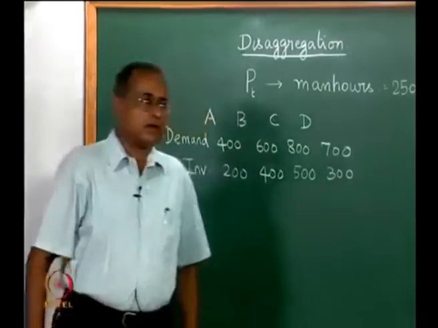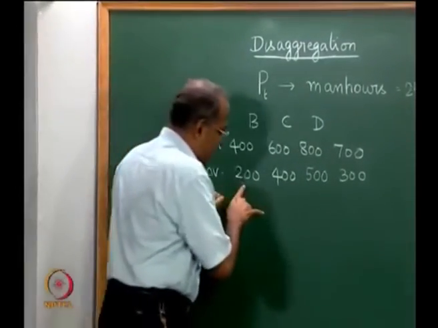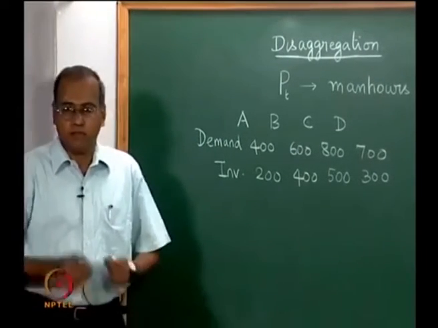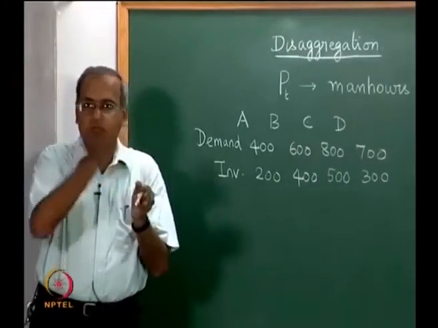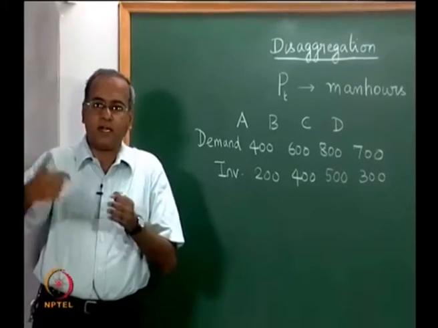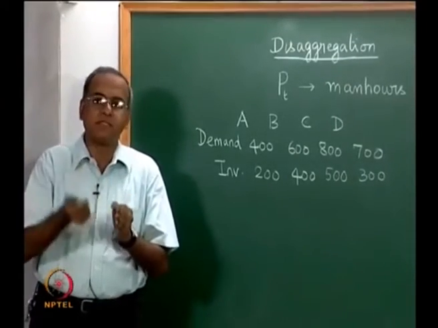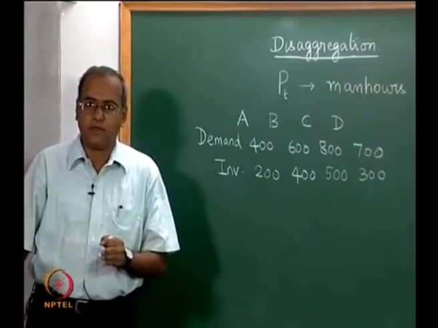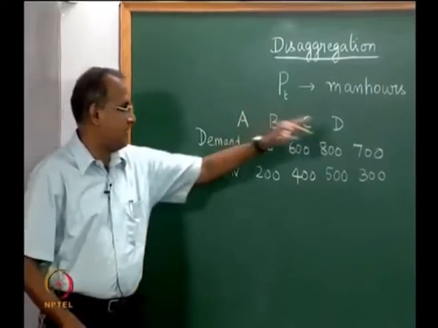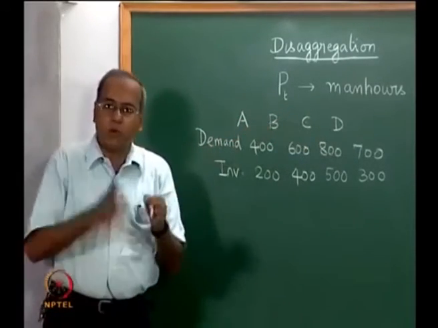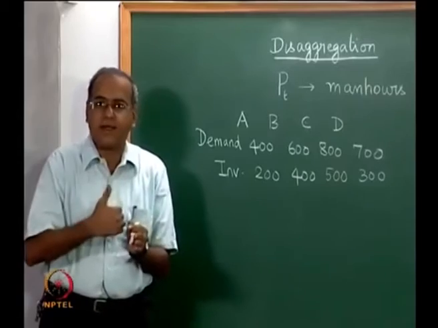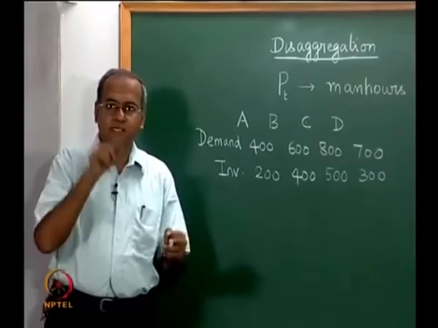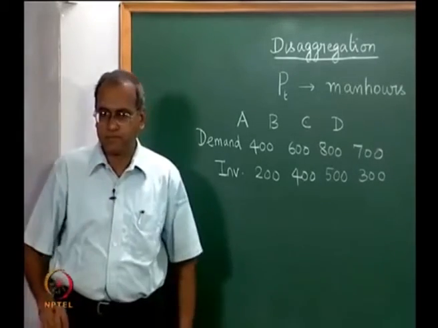objective function. Now here we now have different levels of initial inventory, and then we also know that while the first item can be produced at time equal to 0, the second, third and fourth items, which means the items that we are going to produce as second, third and fourth. For example, we could start with A and then D and then C and then B. So whatever we produce as the second item, the inventory should be sufficient to meet the demand till we start producing that item.